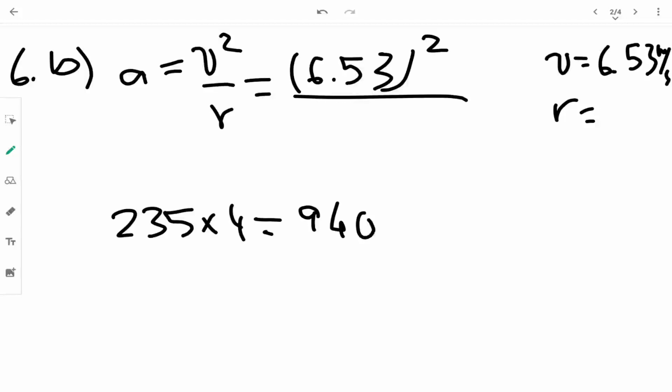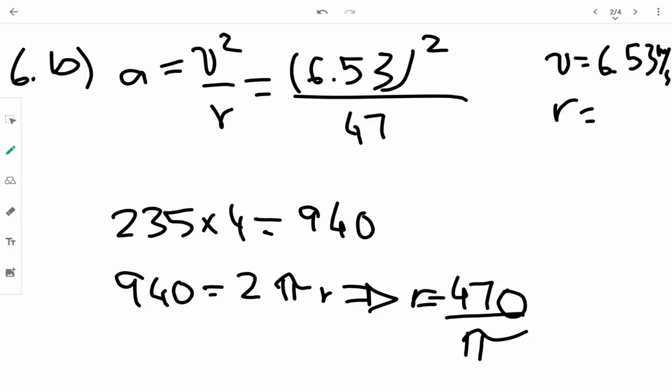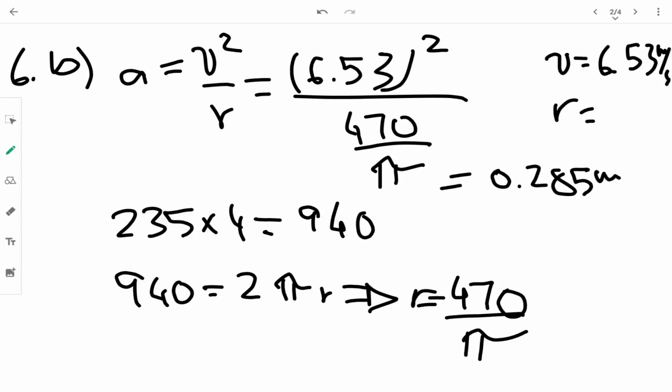The circumference equals 2 pi r, so that gives you r is 470 over pi. So that's 470 over pi, and the answer will be 0.285 meters per second squared.